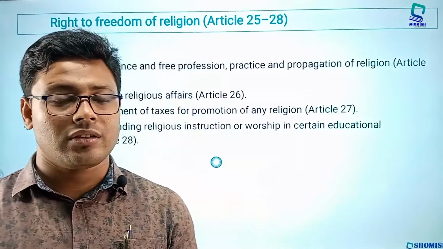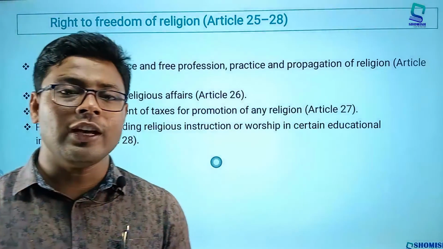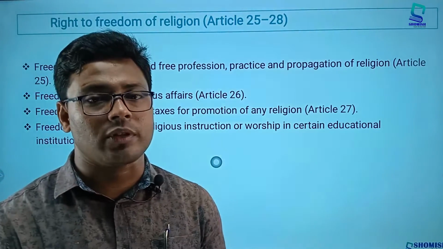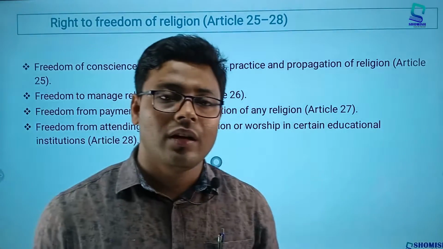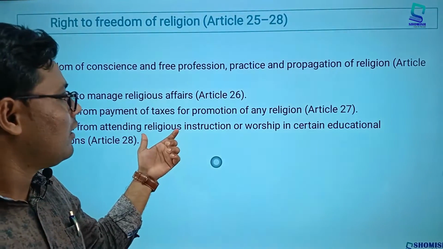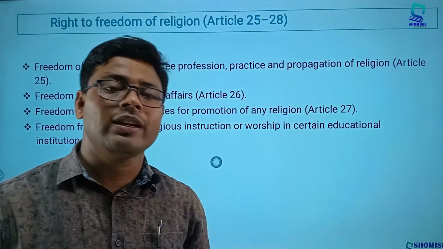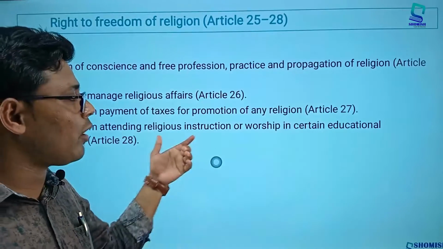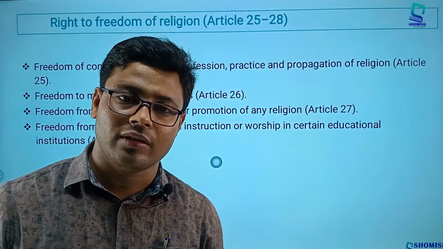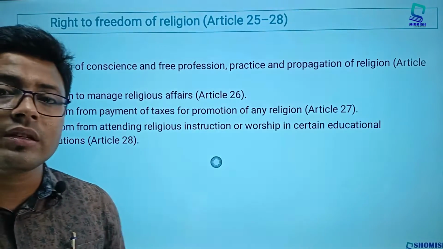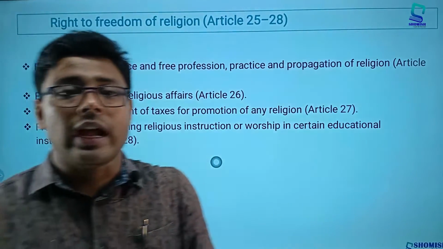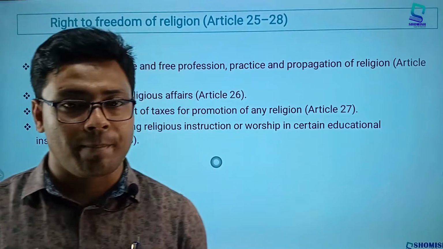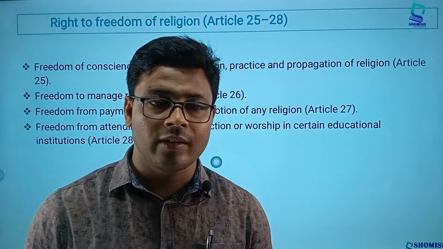And the state, in case of India, it is a very positive concept. The state never intervenes in the promotion of any religion. That's why our country is a secular country. Our country is not biased to any single religion. Okay?